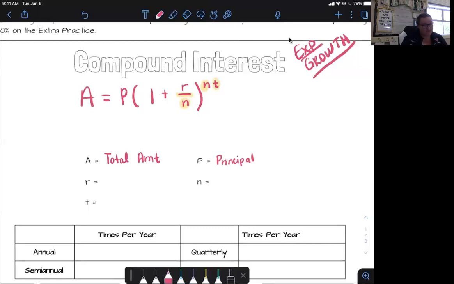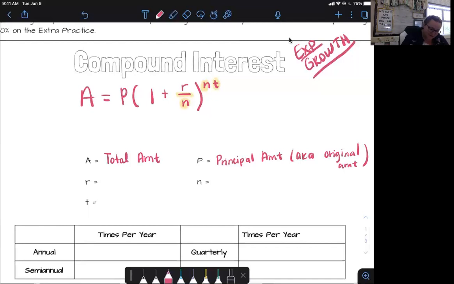I think it's pal, so I'm going to write it like that, but I might be using the wrong one. I'm not a good speller. So the principal amount, which is also known as your original amount, is the same kind of language we used when we talked about exponential growth in the first place.